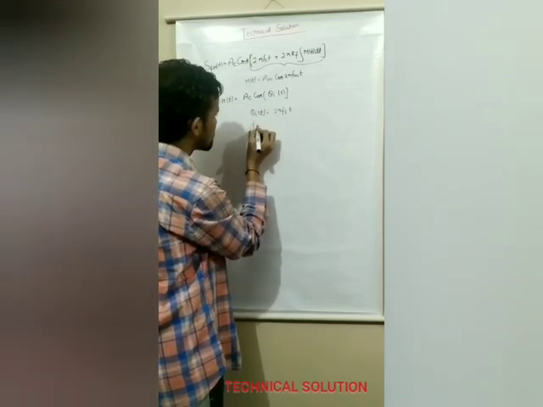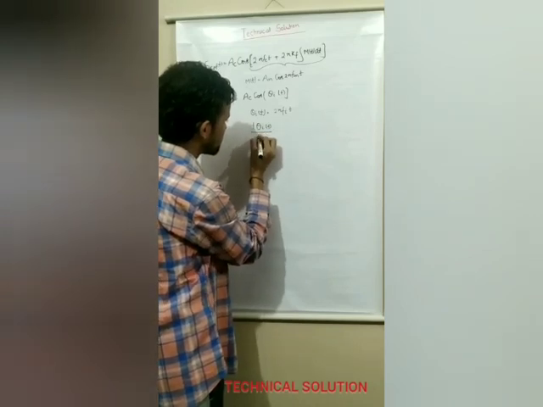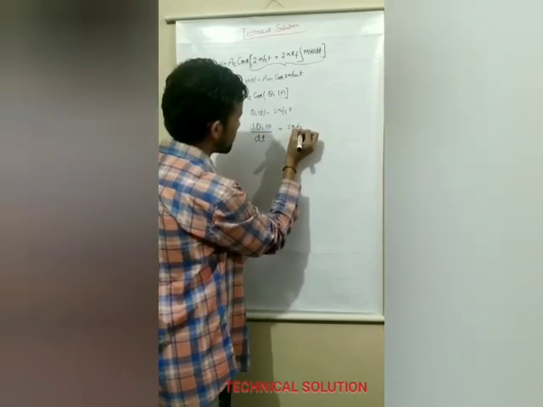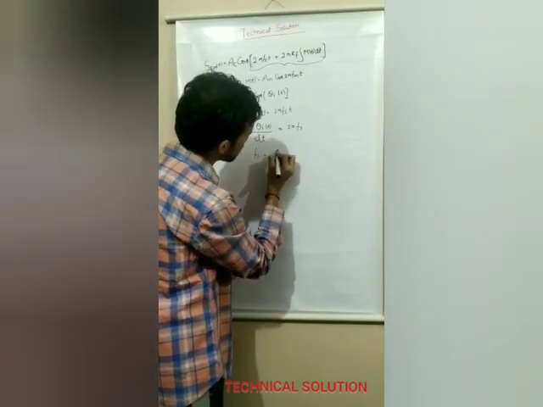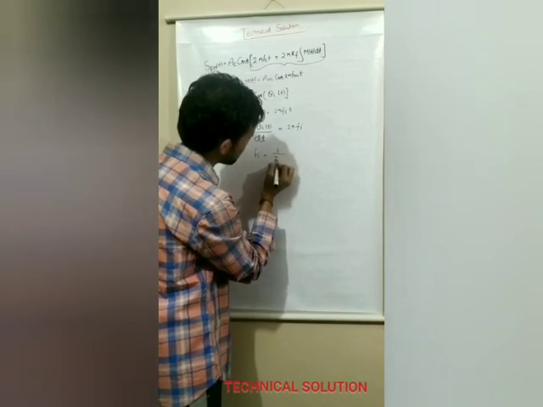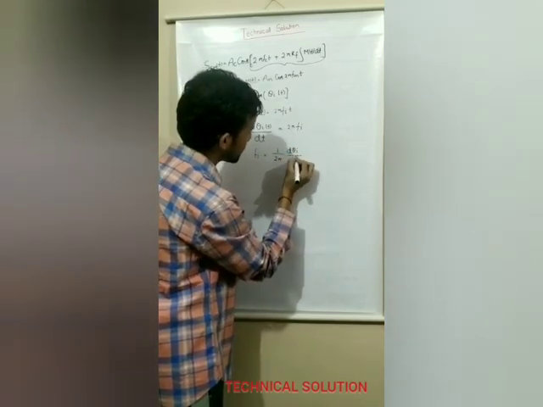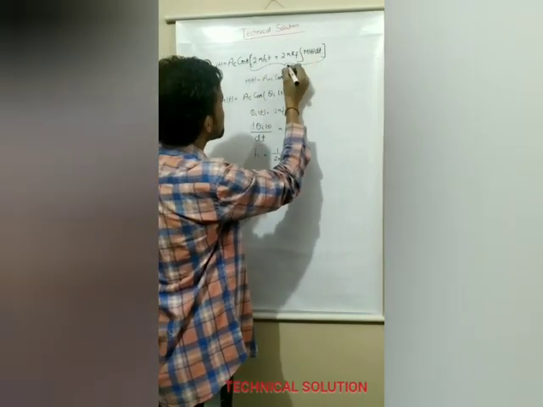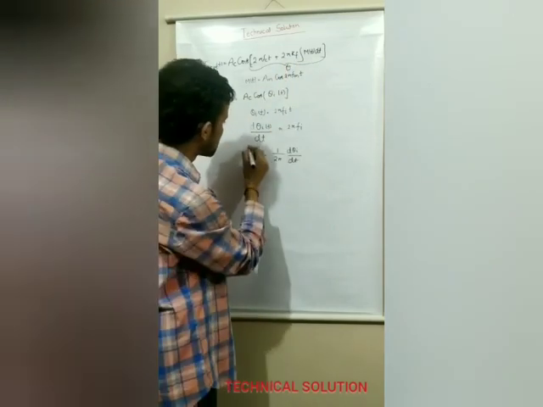That means dθi(t)/dt equal to 2π fi, so fi equals 1 divided by 2π dθi/dt. This whole term is considered as theta, as I already told.